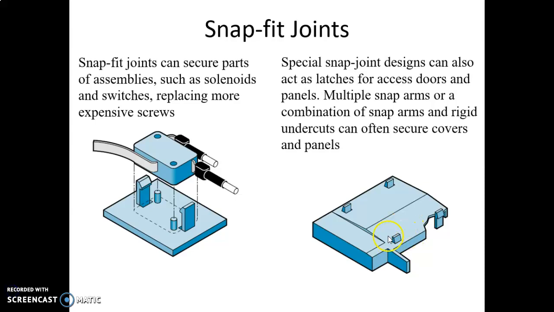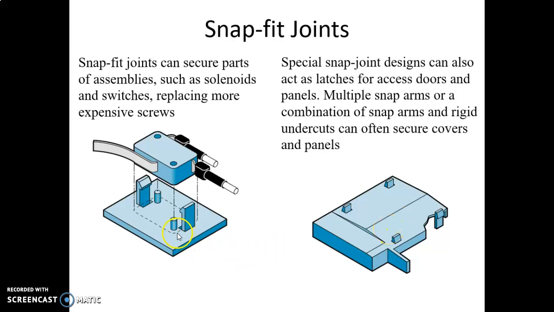This is the figure for multiple snap arms securing a cover. We have 1, 2, 3, 4 to secure the cover in this assembly part.